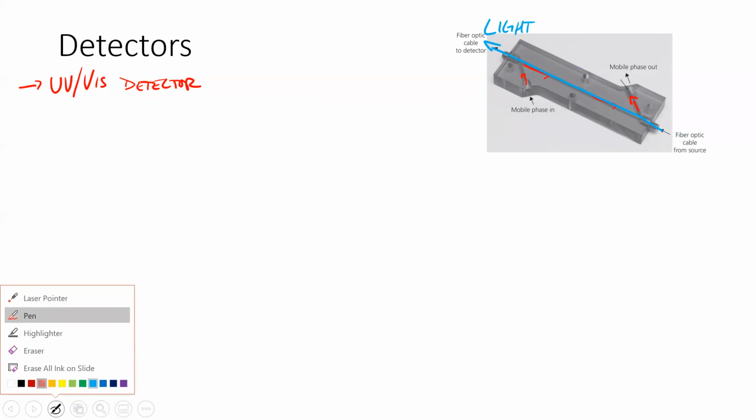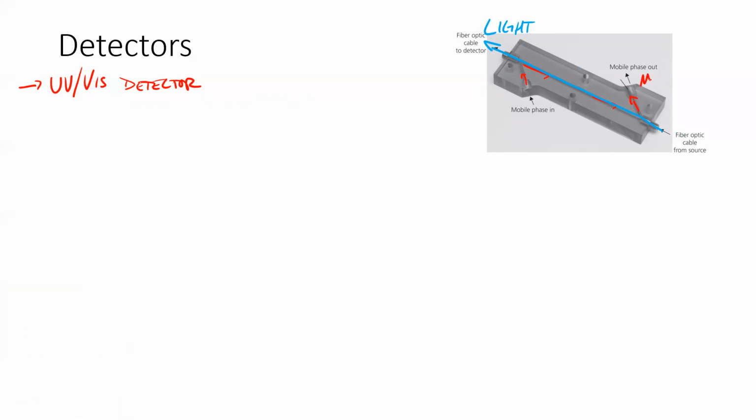The red is the mobile phase. And so you have a set path length. And I've sort of just covered it up with this long blue line, but in these little adapters here, you have some quartz windows. So I'm just going to sort of redraw it here.